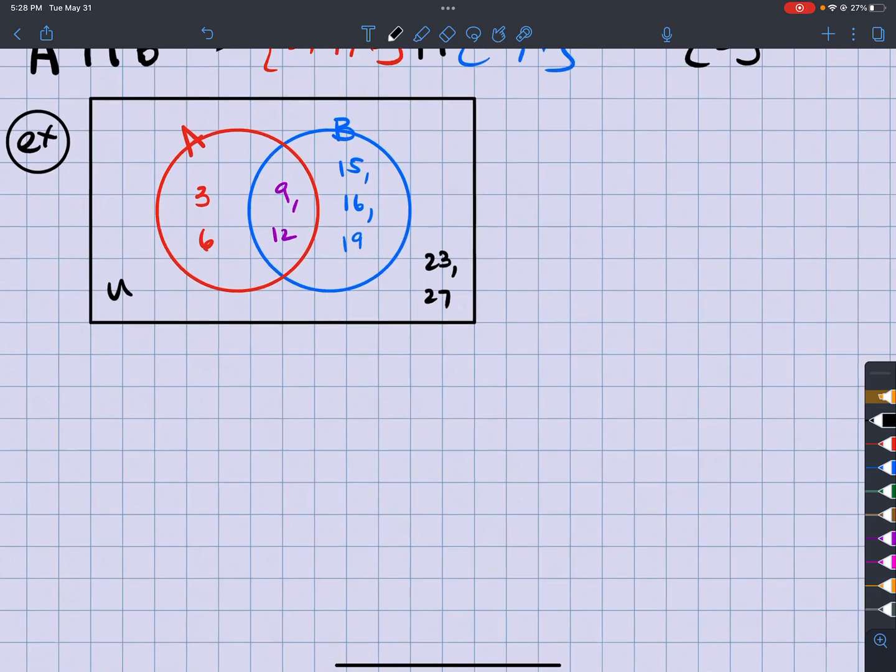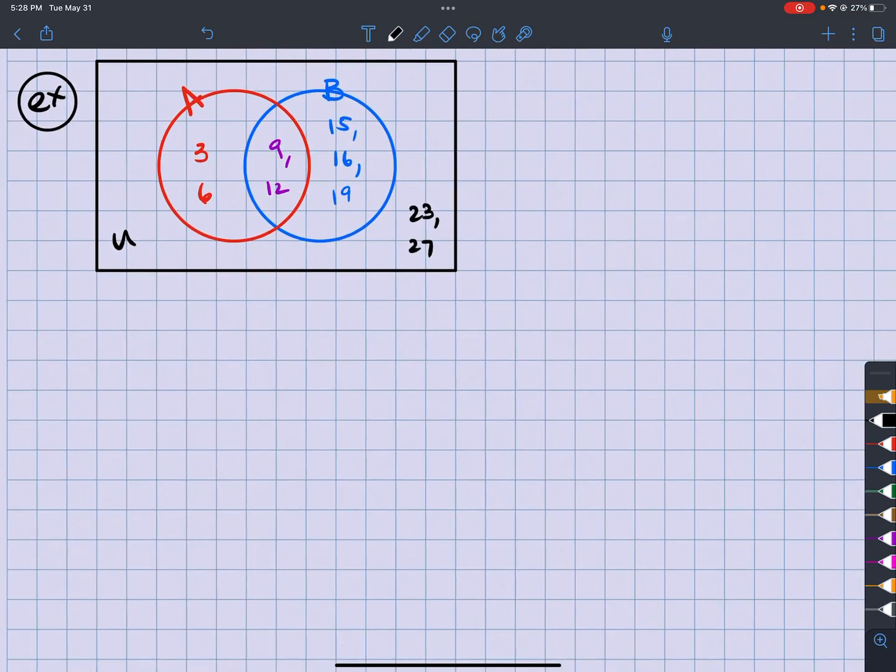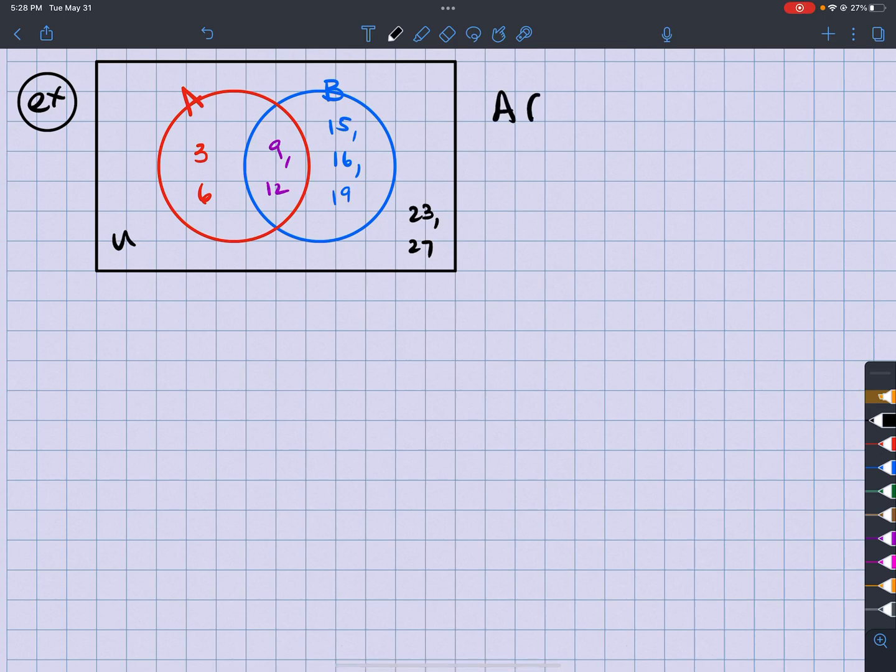All right, so if that is the case, what is A intersect B? Meaning, what do they have in common? Right? A and B, what do they have in common? That's right, 9 and 12. Right? Because this is where these two are in common because they cross each other.